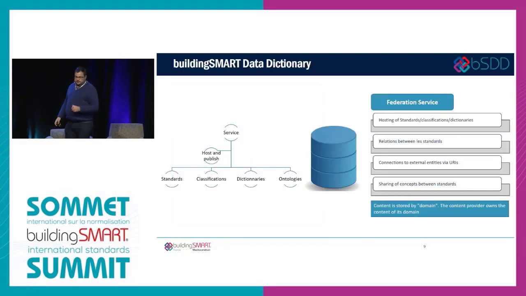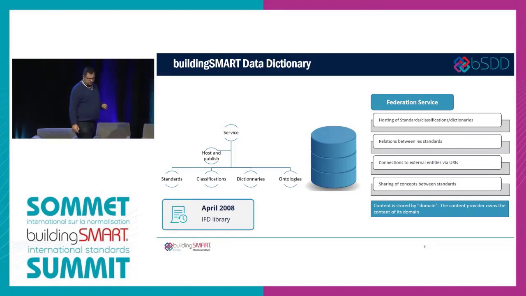In buildingSMART, at the international level, we have a data dictionary, the BSDD, the buildingSMART Data Dictionary. It's not new, because the first release of this dictionary was published in April 2008.